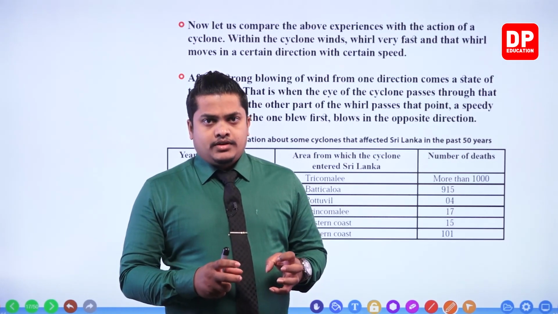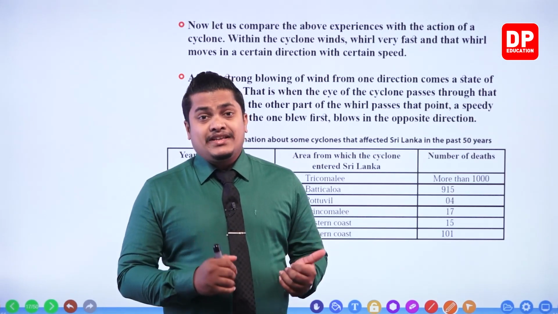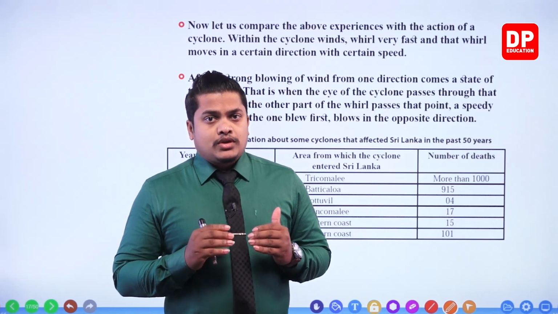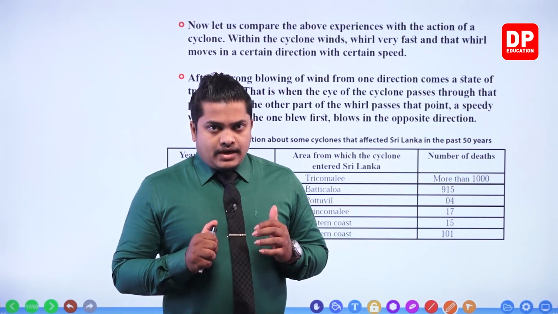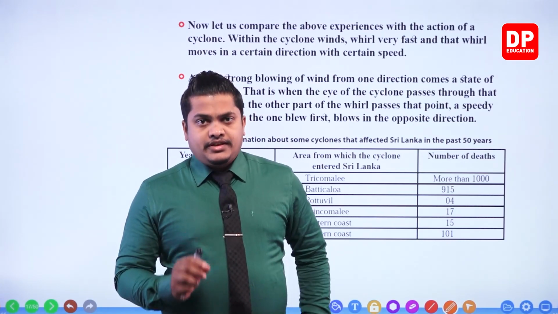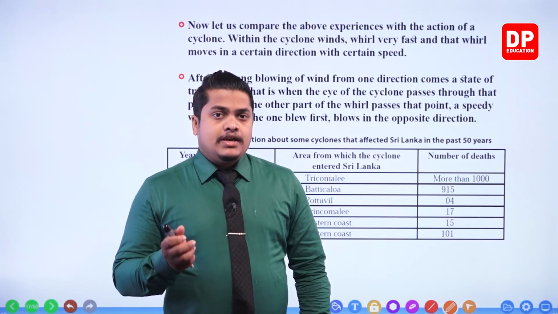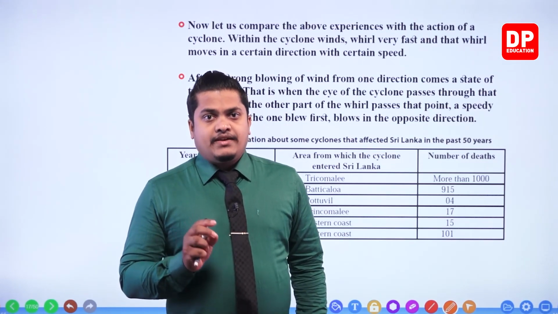Over there, my dear children, we discussed an experience which occurred during the year 2000, about a cyclone. We identified that in a certain area in Trincomalee, wind blew suddenly with heavy rains.